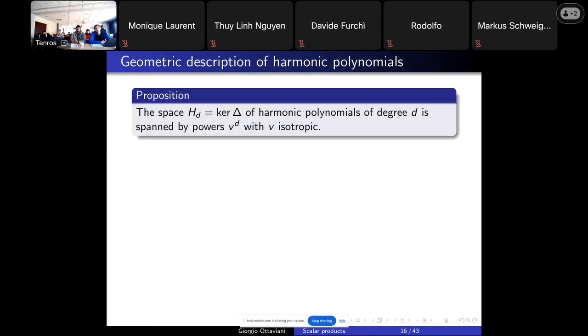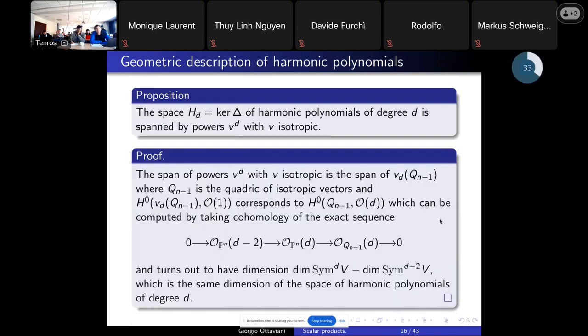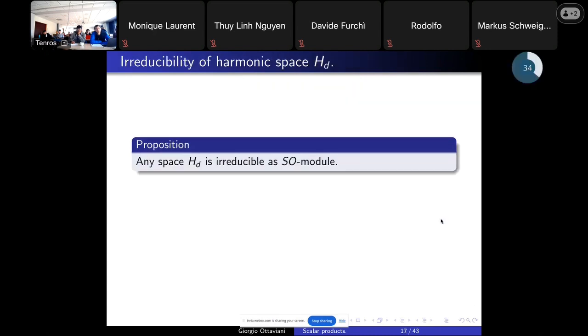And now try to use the geometry. How can you describe a harmonic polynomial as a sum of powers? You can, but they are now sums of powers of isotropic vectors. And this is just spanned by all of them. I think I skip the proof, you can believe. There is a property of the quadric, which now I have no time to underline.